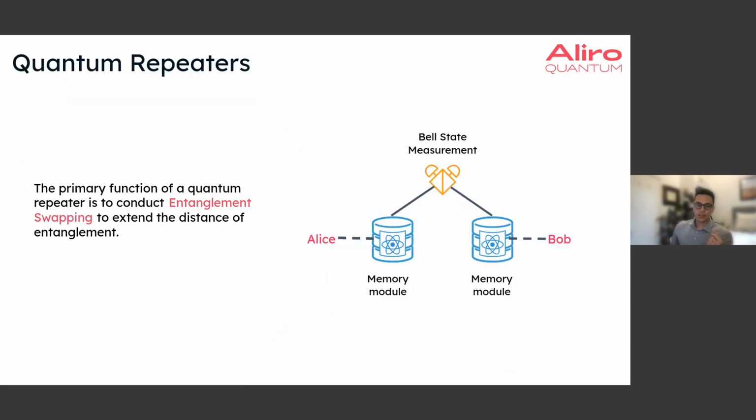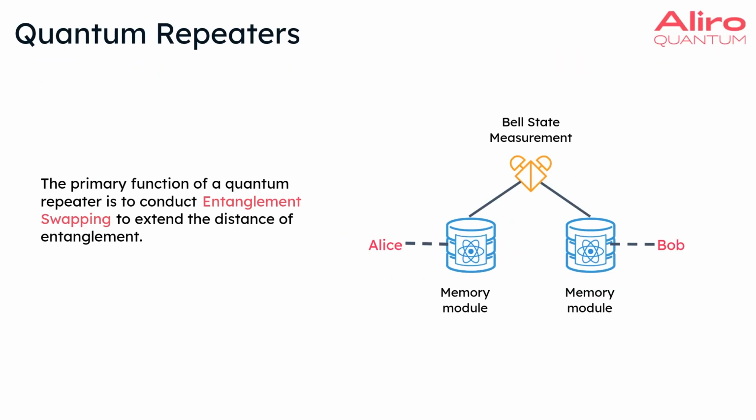The primary function of a quantum repeater is to conduct an operation that's called entanglement swapping. And all this does essentially is extend the physical distance of my entangled particles. In this example on the right, we'll start with an entanglement between Alice and a memory module in the repeater.